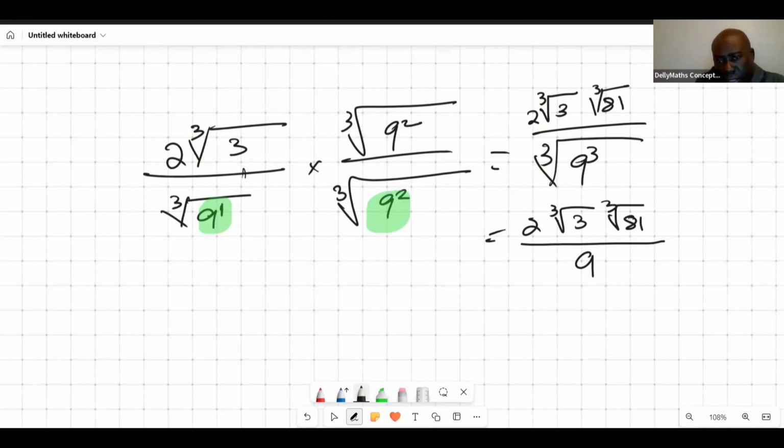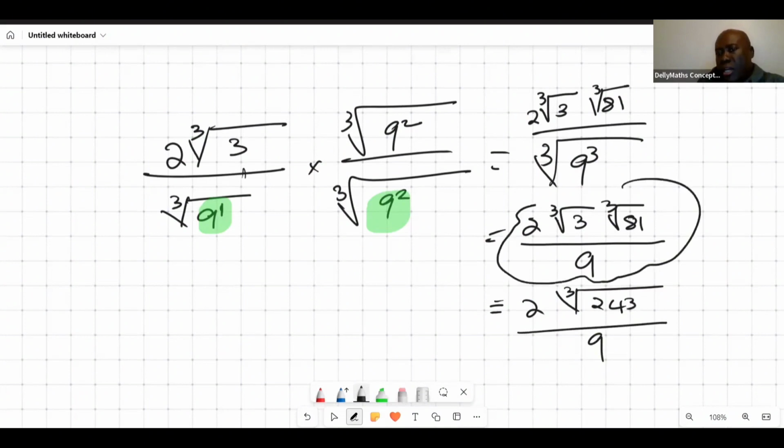So it's going to give me the third root of 243 all over 9. As I said to you, this answer is also okay. It depends on who your teacher is or what you're doing at the time, but that would be okay if we want it to be.